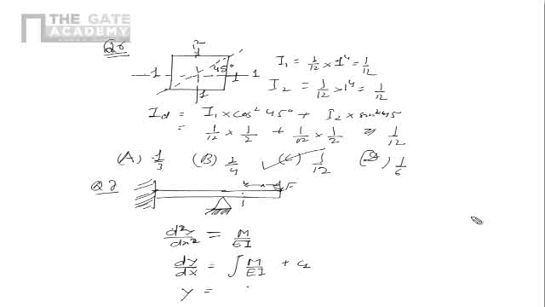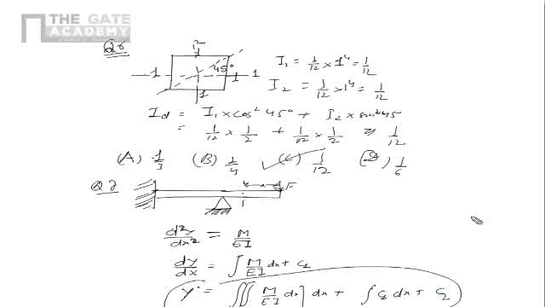One more integration will give me the double integration of M upon EI dx, plus the integration of c1 dx plus c2. So to get the value of y, we need c1 and c2. So two values are required.